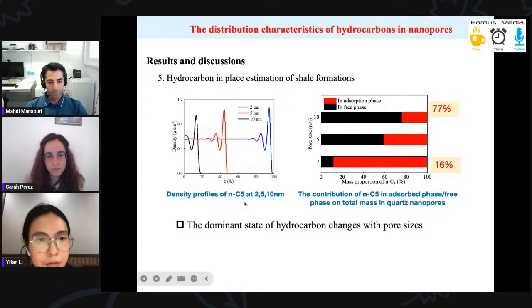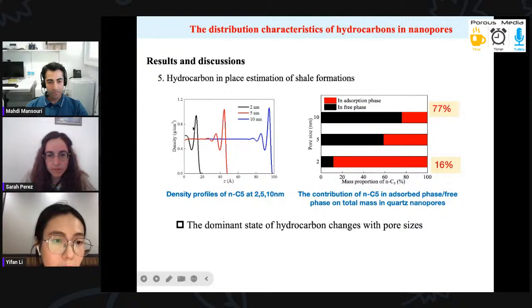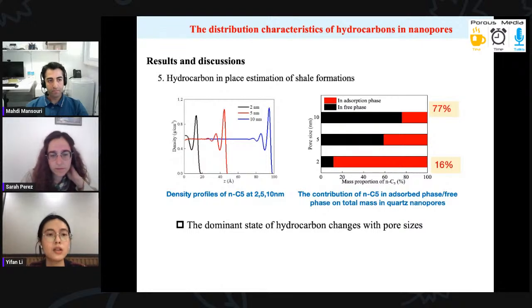So here is a slide for the density profiles of methane and pentane in different pore diameters. As we could see, within this 2 nanometer range, most of the molecules exist in the adsorbed phase.